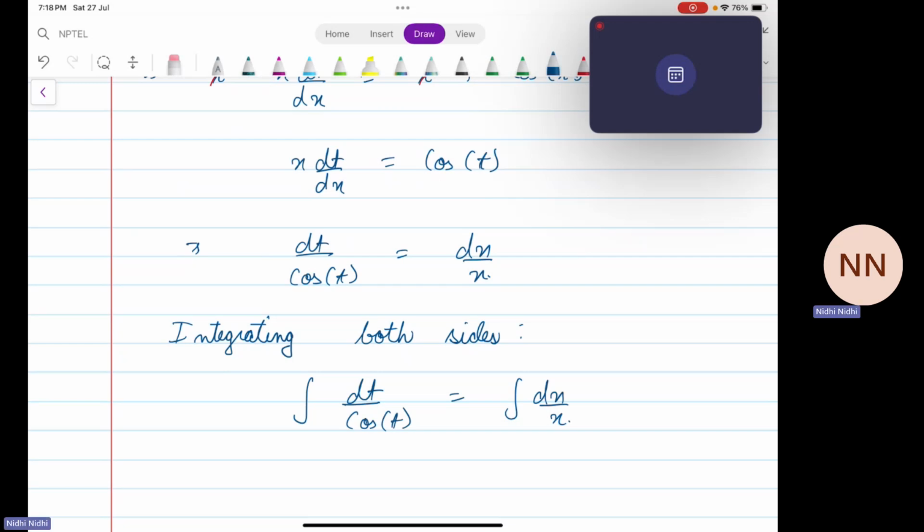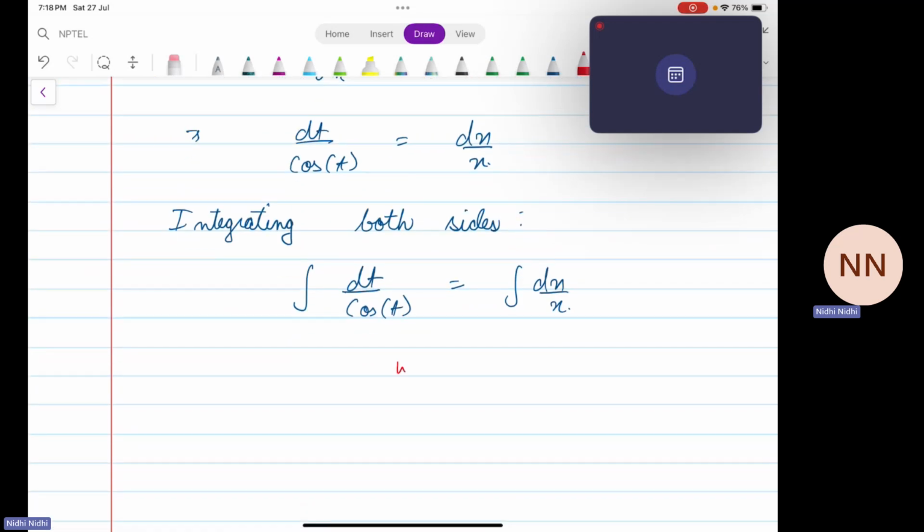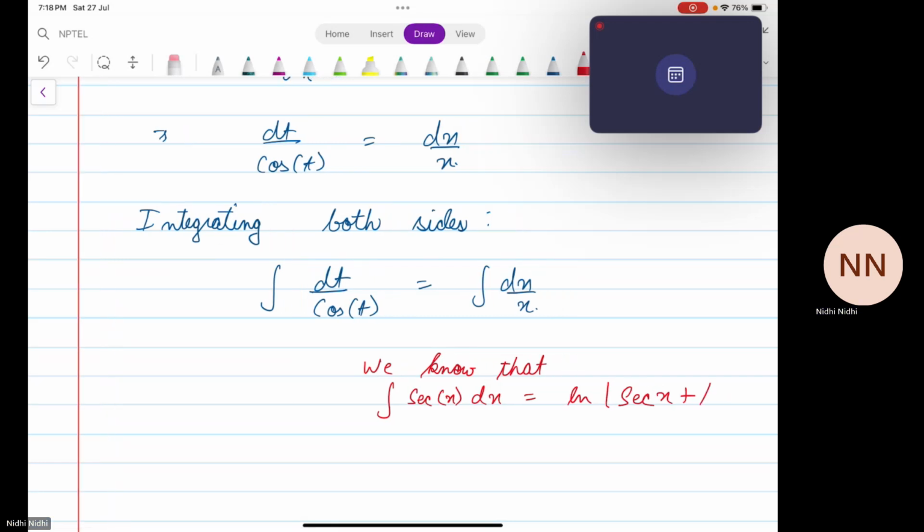Now we know that 1 upon cos t is actually secant t, and we also know that the integral of secant x is given as ln secant x plus tangent x, and 1 upon cos x is equal to secant x.